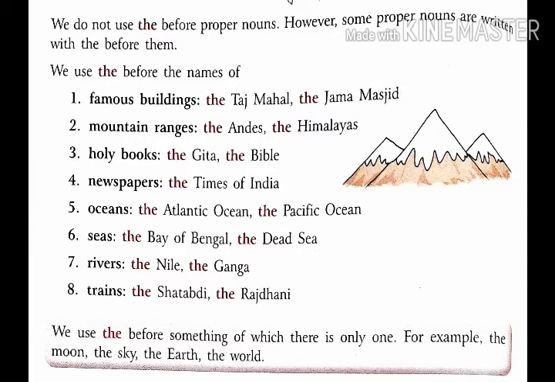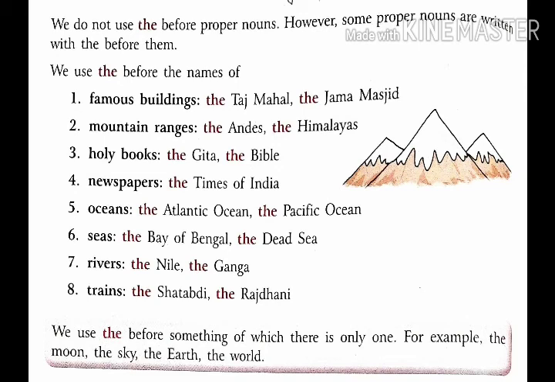We can use "the" with famous buildings like the Taj Mahal, the Jama Masjid, mountain ranges, the Andes, the Himalayas, with holy books, the Gita, the Bible, with newspapers, the Times of India, the Hindustan, with oceans, the Arctic Ocean, the Pacific Ocean, with seas, the Bay of Bengal, the Dead Sea, with rivers, the Nile, the Ganga, and with trains, the Shatabdi, the Rajdhani.